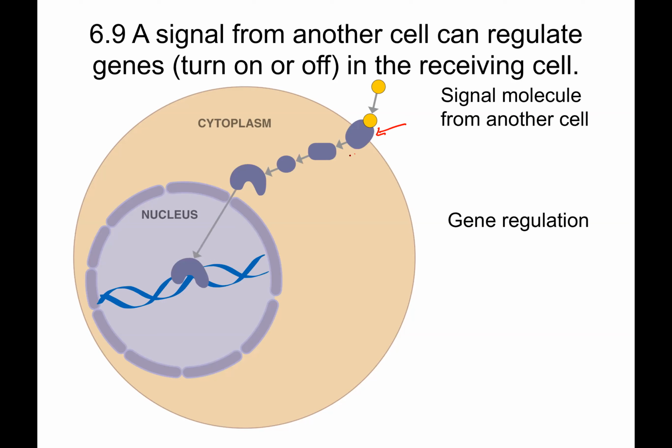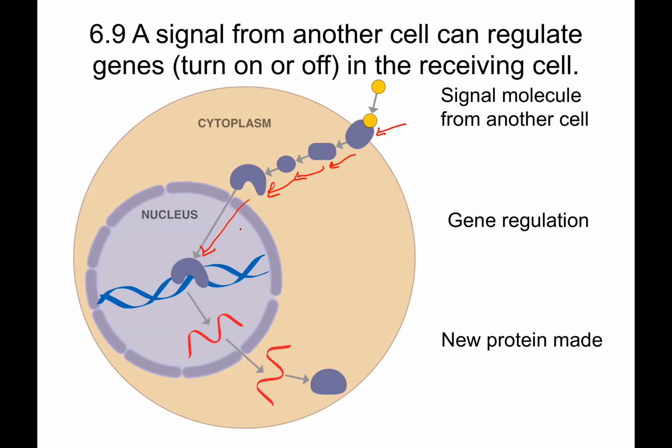That goes through signal transduction where it's passed from molecule to molecule, then affects gene regulation in the DNA itself. By affecting gene regulation, you can have the production of new mRNA, which then produces new proteins. And these new proteins can then go on to perform a specific function.